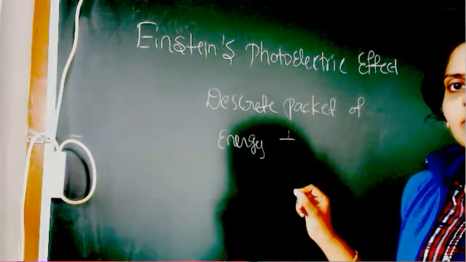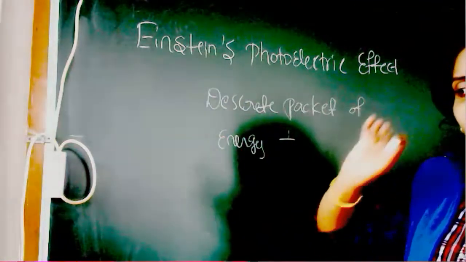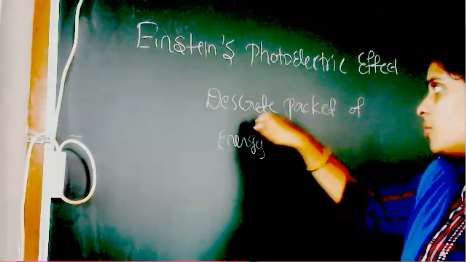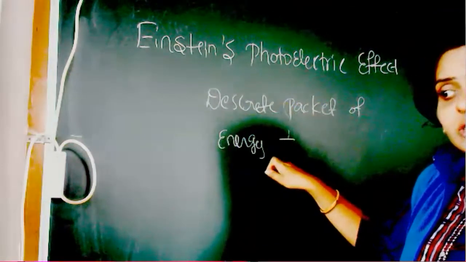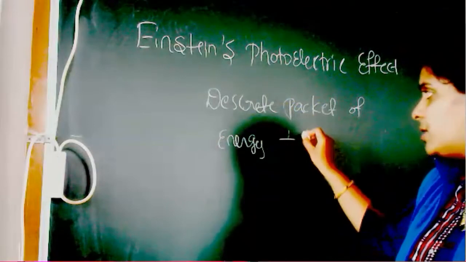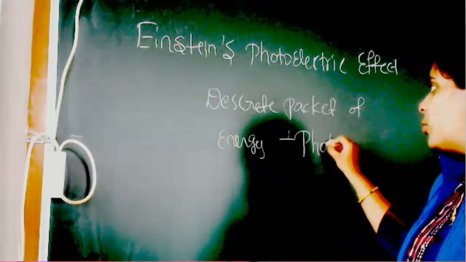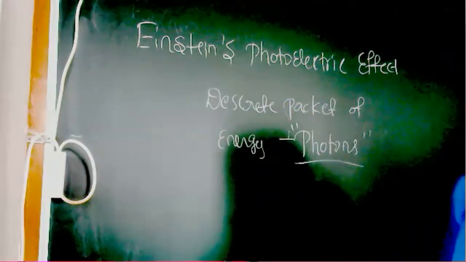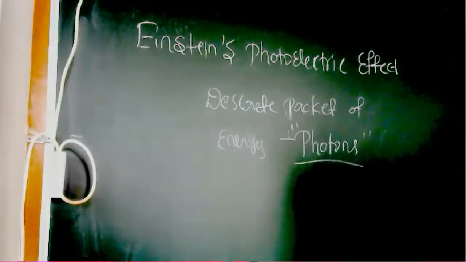So what Einstein will say is that the light radiations falling on the metal surface are in the form of discrete packets of energy, and this discrete packet of energy is known as photons. Have you heard of this term anywhere? I think in chemistry you might have studied in first year.